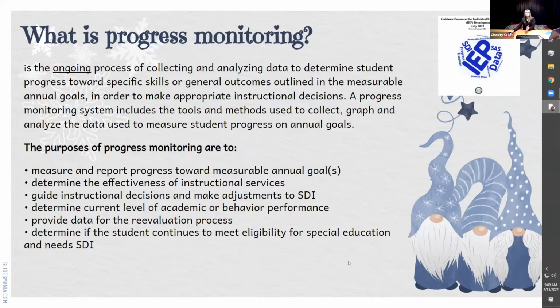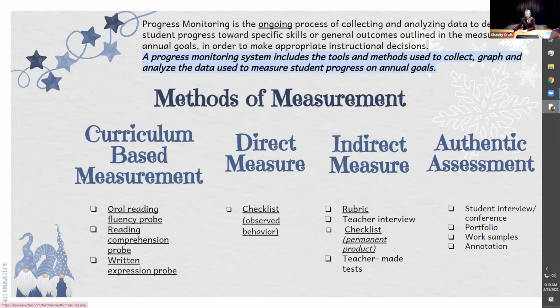Or when you're making instructional changes, you're having to provide more support and continue to do that SDI, and they are doing well because of the SDI, then that will help determine that yes, they do need continued specially designed instruction and special education services. So it paints a really pretty picture of everything that you need to do for your student.